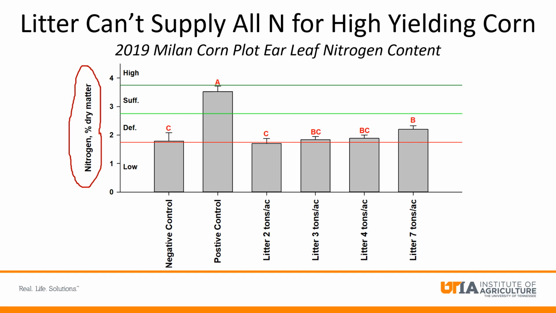And you can see that clearly for the positive control, as we expected, we have high corn ear leaf nitrogen concentrations that are in the sufficient range, but for even our high application rates of litter, our corn ear leaf nitrogen concentrations are in the deficient range. So this is again another indication of the fact that litter cannot provide all of the nitrogen that's required, particularly for a high yielding corn crop.